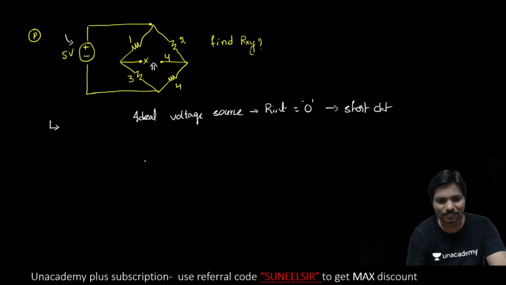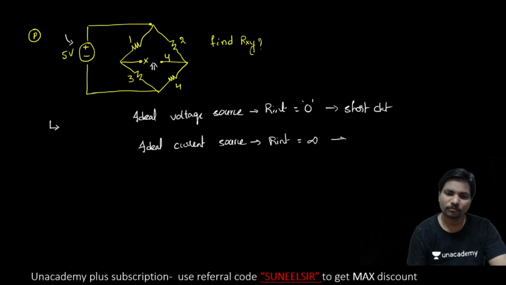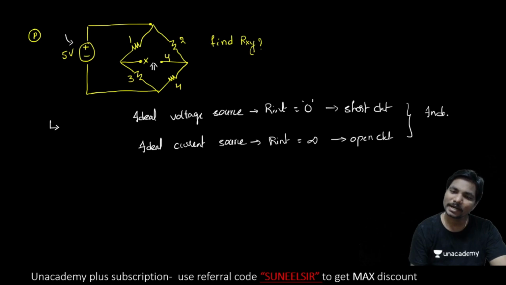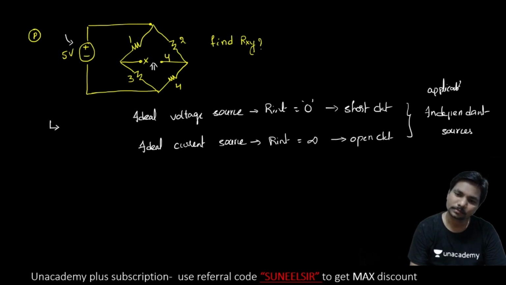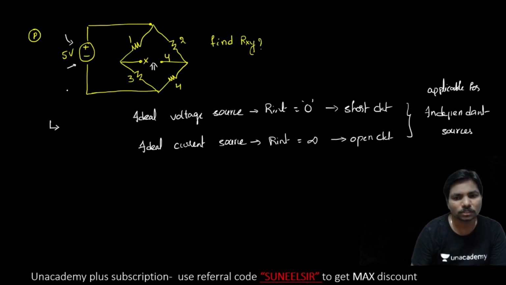In the same way, for an ideal current source, the internal resistance is infinite, that is an open circuit. This applies to independent sources only, not dependent sources, because in dependent sources the internal resistances are not 0 or infinity. So here we have the voltage source, and we have to short it.